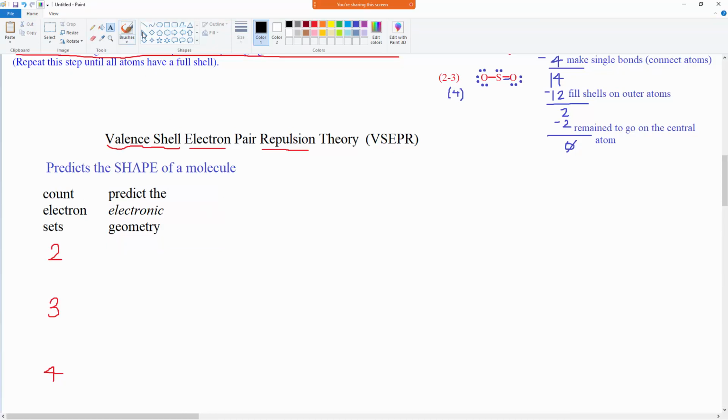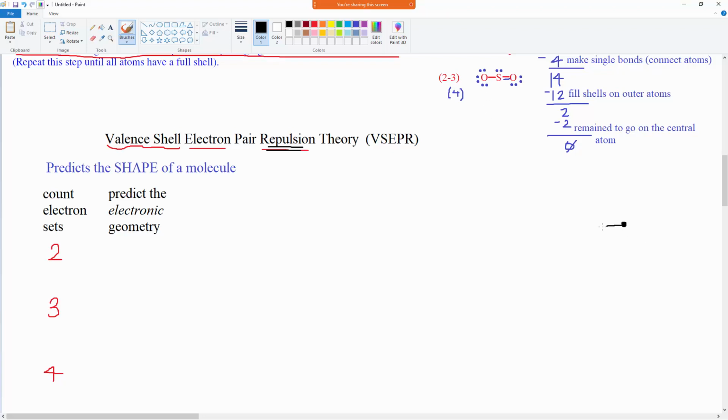And it's very simple. You just say, okay, I've got some central atom here. If I have only 2 sets of electrons, and those sets are repelling one another, here's our key: they want to be as far apart from one another as possible, but they still have to be connected to that central atom, because they're owned by that atom.